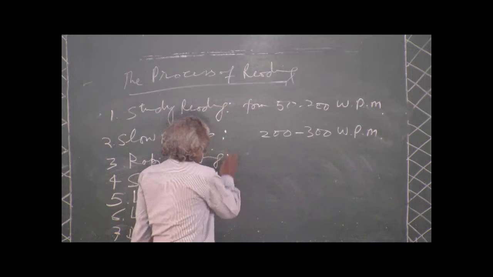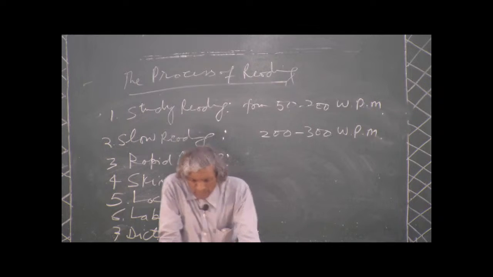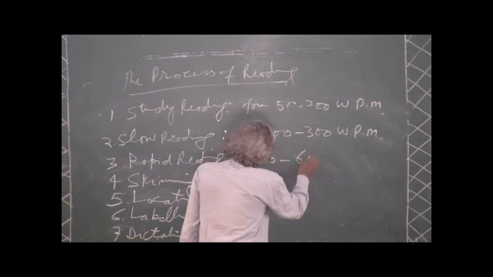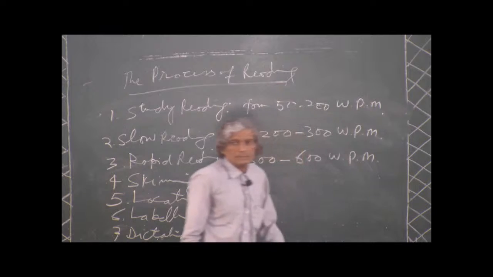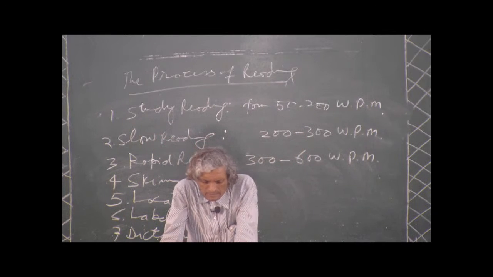Then rapid reading, when the speed of reading is from 300 to 600 words per minute. Then skimming.